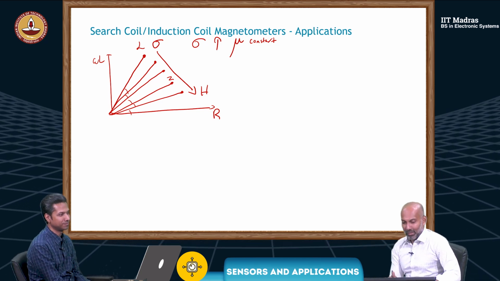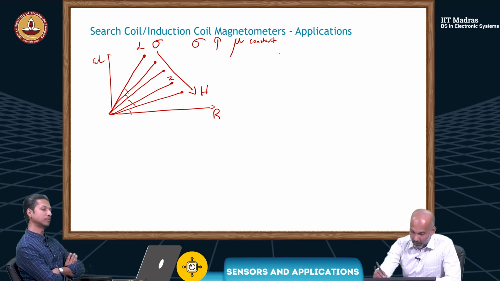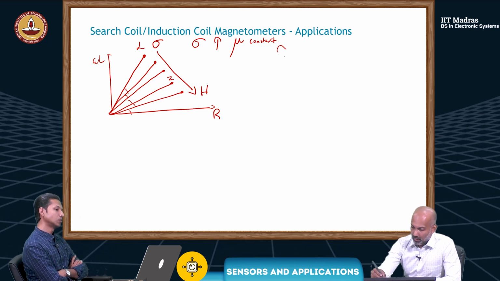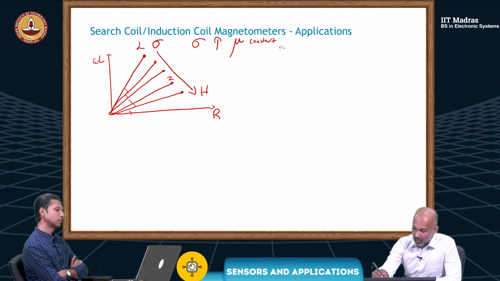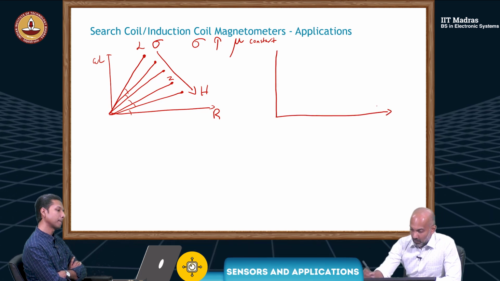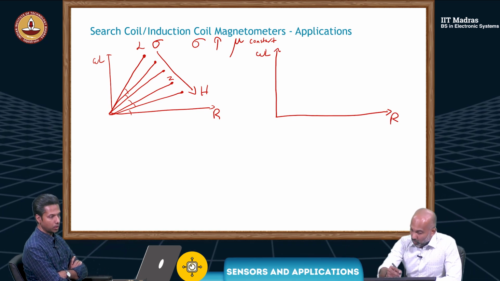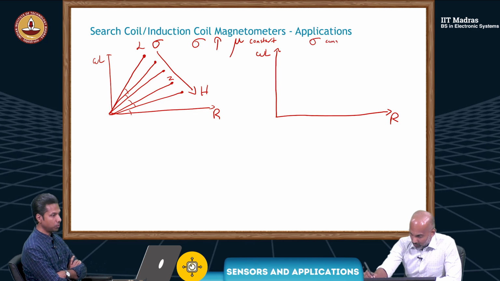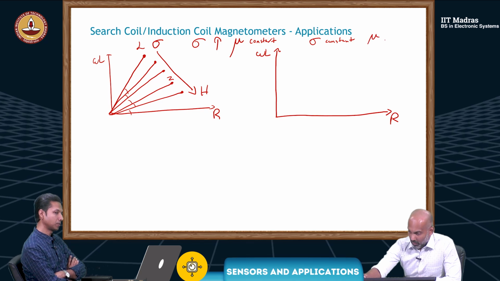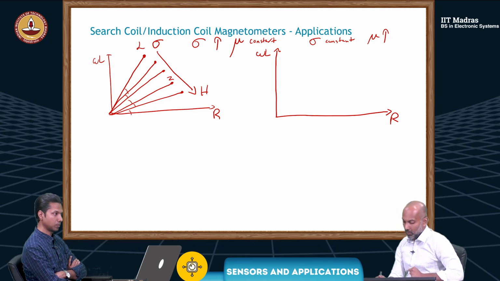Now, what do you think will happen if we draw the same thing, with omega L here and R here, but instead we keep mu constant and increase the permeability? What do you think it will look like then?